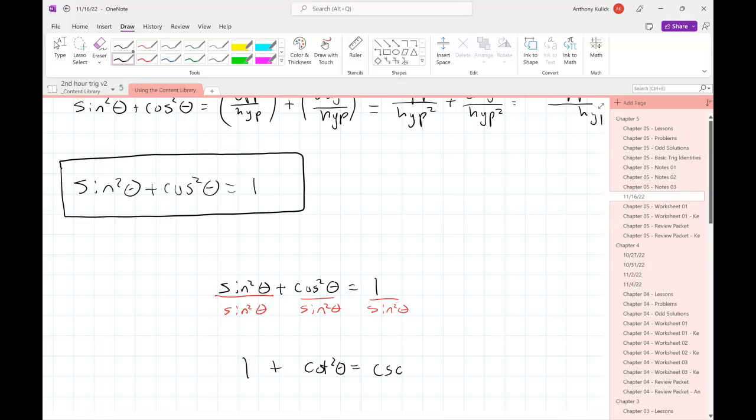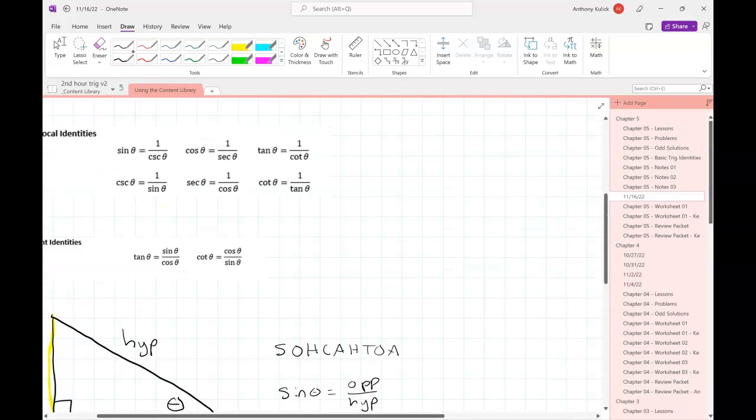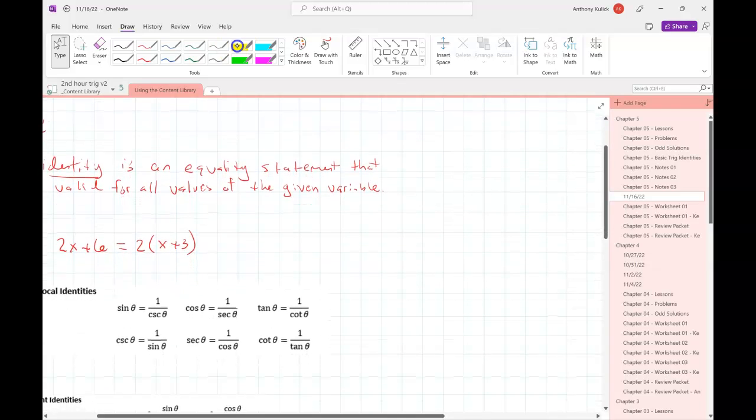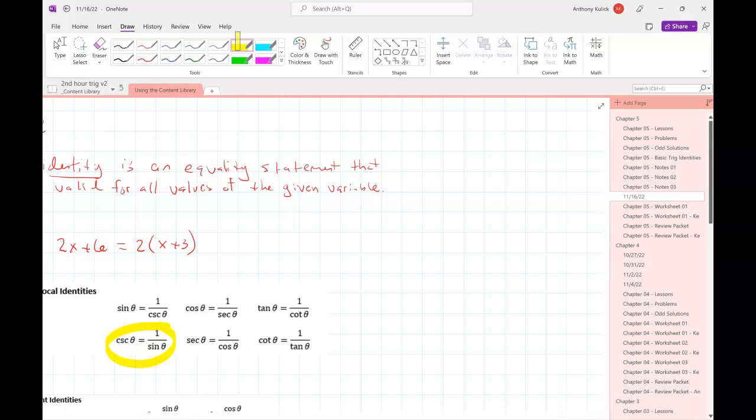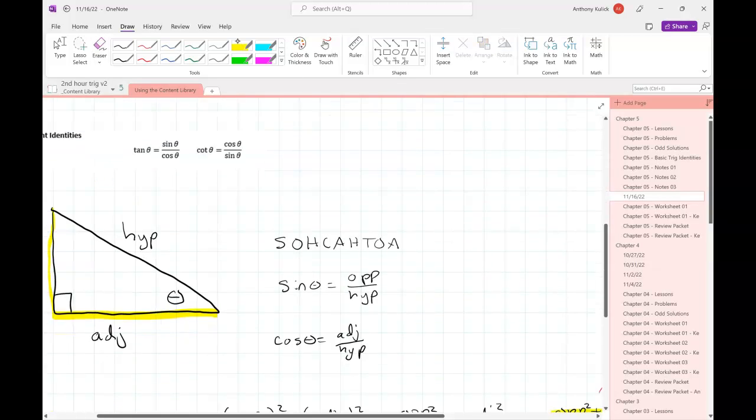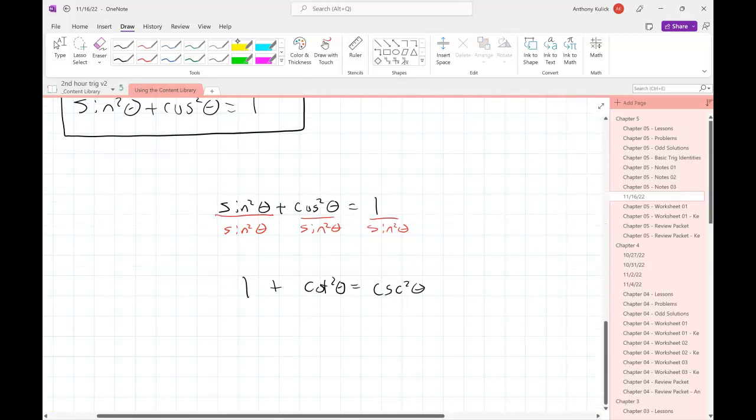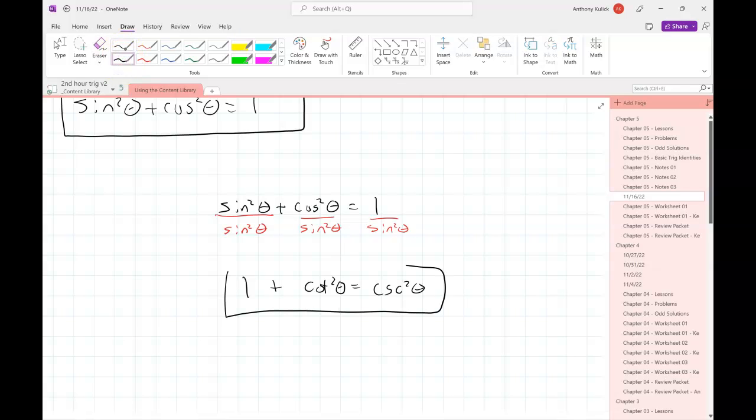Cosecant squared. Excellent. If I go back to here, I notice that 1 over sine is cosecant, so 1 over sine squared is cosecant squared. This will also become an identity.